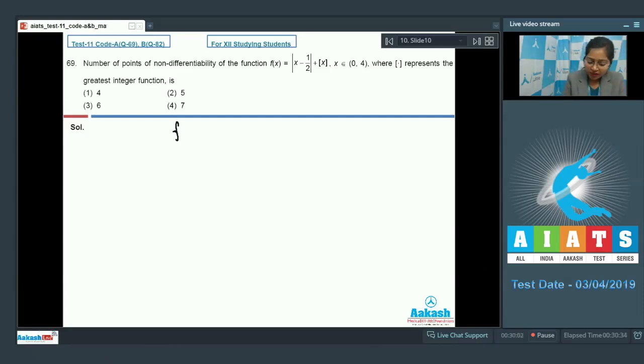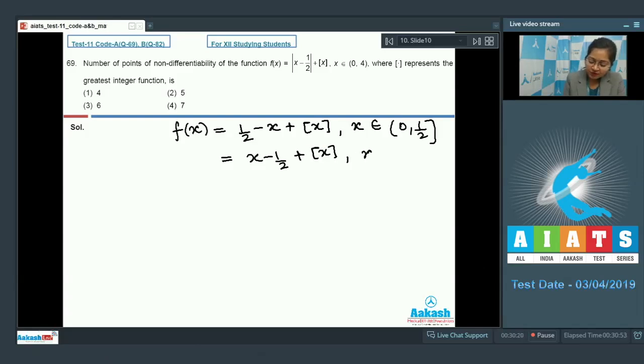Now, we know that the given function f(x) will be equal to half minus x plus greatest integer of x when x will belong from 0 to half, and it will be equal to x minus half plus greatest integer of x when x will belong from 1 by 2 to 4. Right? Now we have to break the interval at 1, 2 and 3.